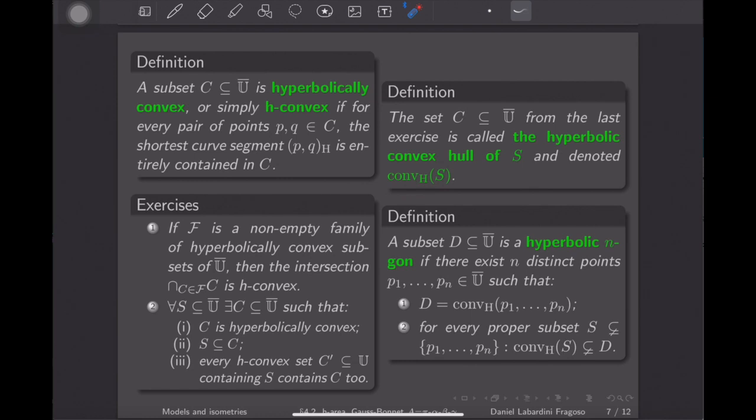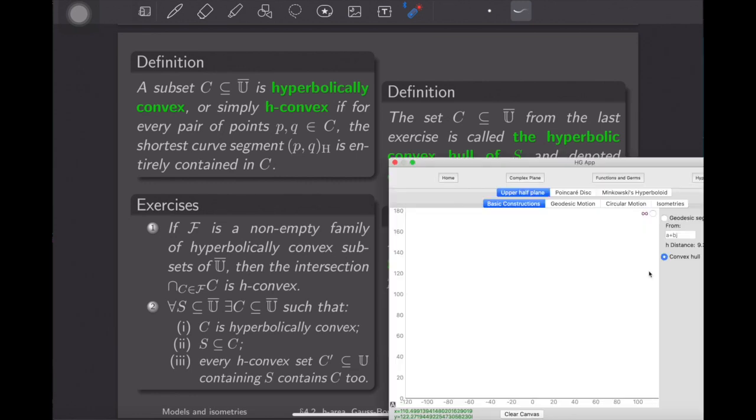So let me give you some examples. Of course, the convex hull of 2 points is just the shortest curve segment joining them. Of 3 points, the hyperbolic convex hull is what you are seeing here, all of this region inside.